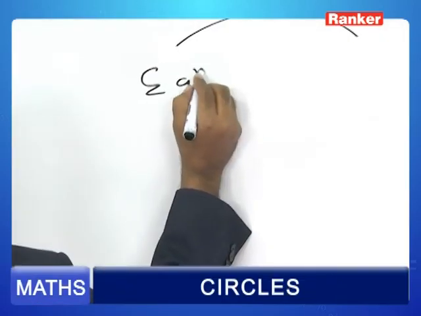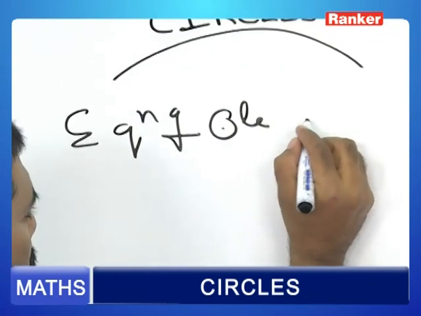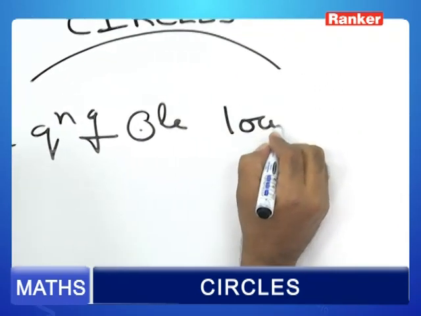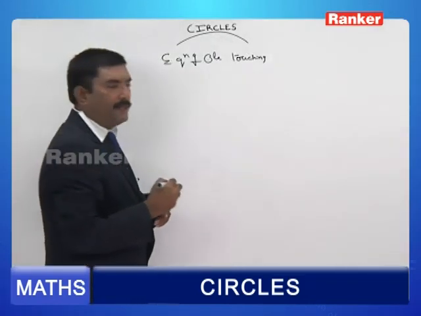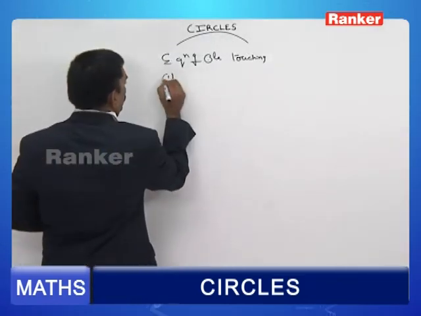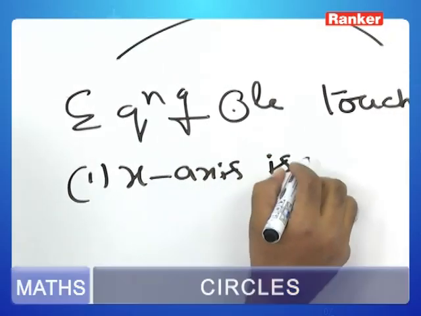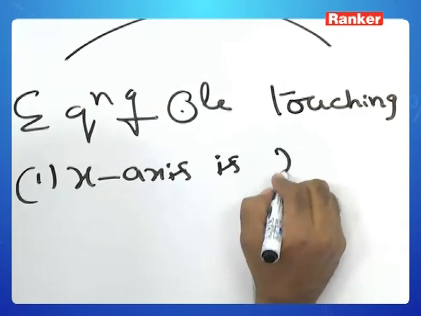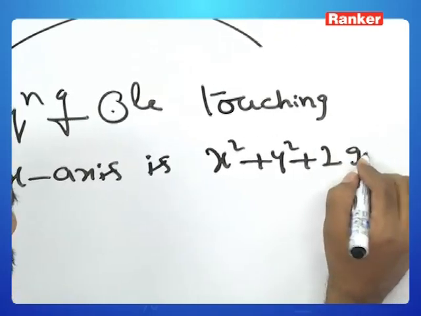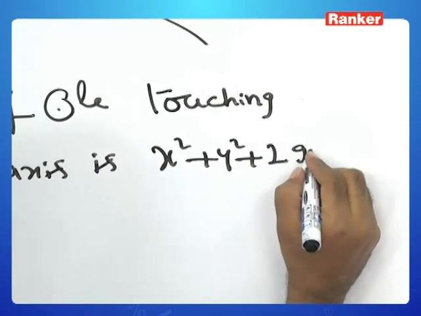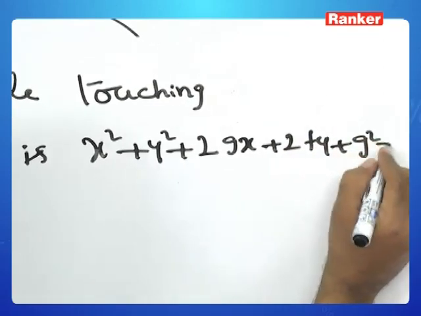the equation of a circle touching the x-axis is x square plus y square plus 2gx plus 2fy plus g square, I write.